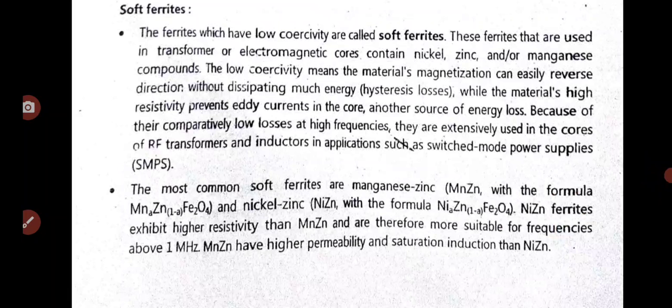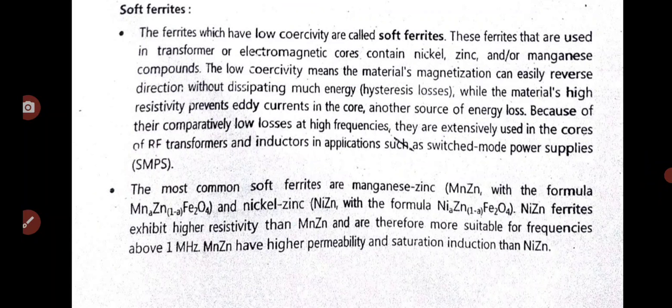This low coercivity value is called a soft ferrite. These ferrites are used in transformer or electromagnetic cores, containing nickel, zinc, and manganese compounds. With low coercivity, the material's magnetization can easily reverse direction without dissipating much energy, as already seen in the hysteresis loop in the last lecture.